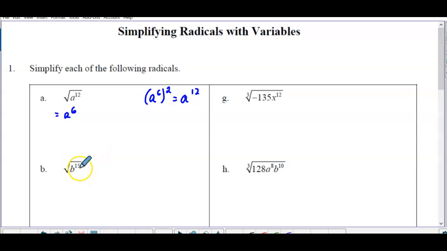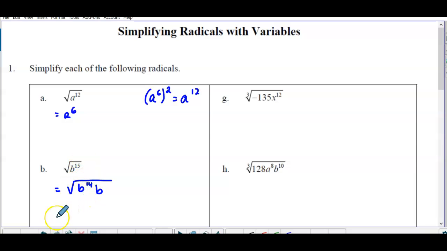In B, that is not an even number, so remember we need to split it up into factors where we get the biggest perfect square. So look for the next lower exponent on b that is an even number, so that's 14. So b to the 14 times b is the same as b to the 15.